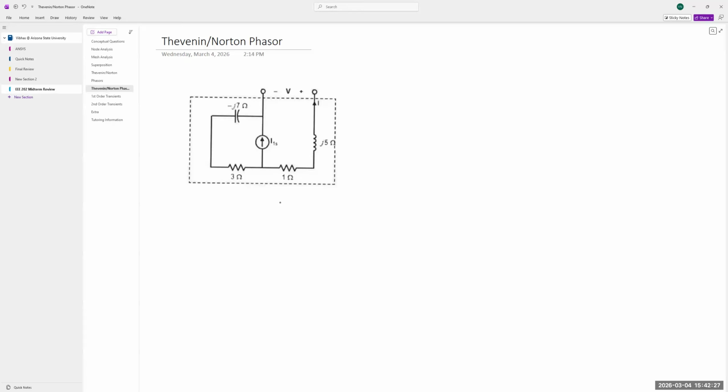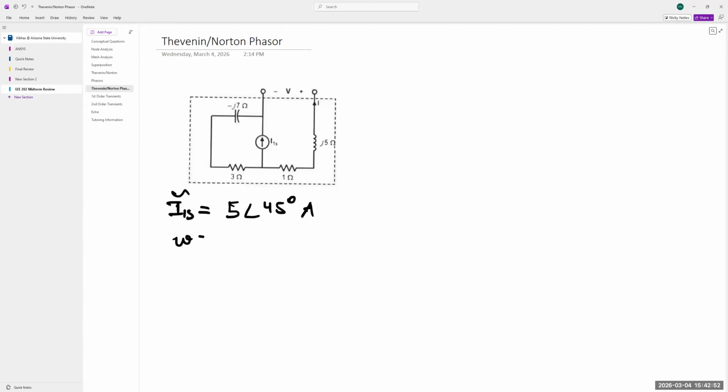I think I'm missing some information in this question. Let's see. Right. The question's supposed to say that the phasor I1S is equal to 5 angle 45 degrees.